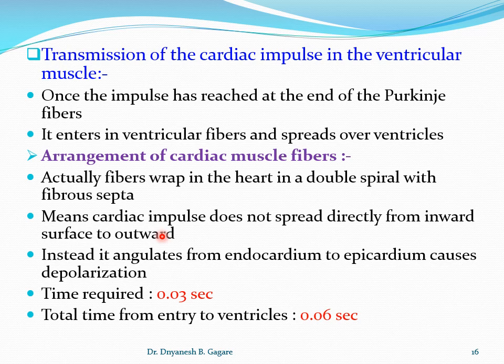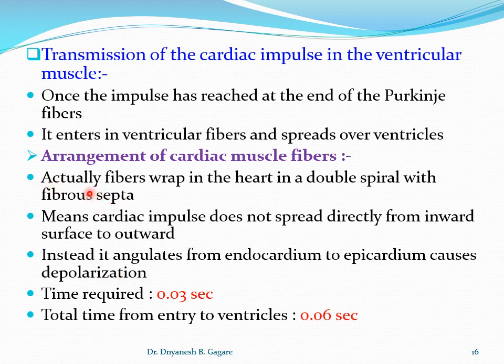The impulse reaches with high velocity, no problem, but it becomes slow in the ventricular fiber. The ventricular fiber contracts slowly, and it is required because the ventricle should contract slowly to produce the force. So how does it happen? See the special arrangement of ventricular fibers.